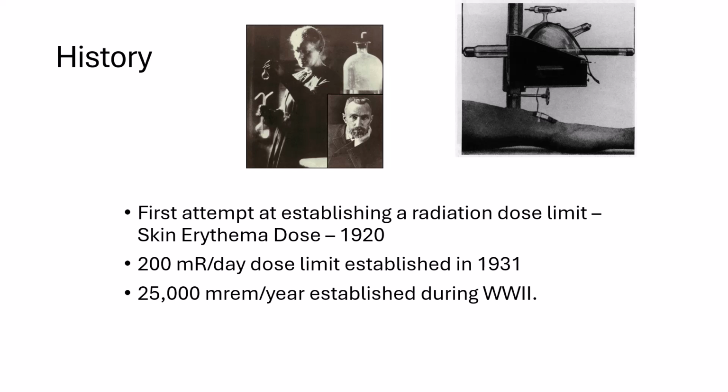The next dose limit was in 1931, which restricted your daily dose to 200 millirentgens per day. That was changed in World War II to 25,000 millirems per year.